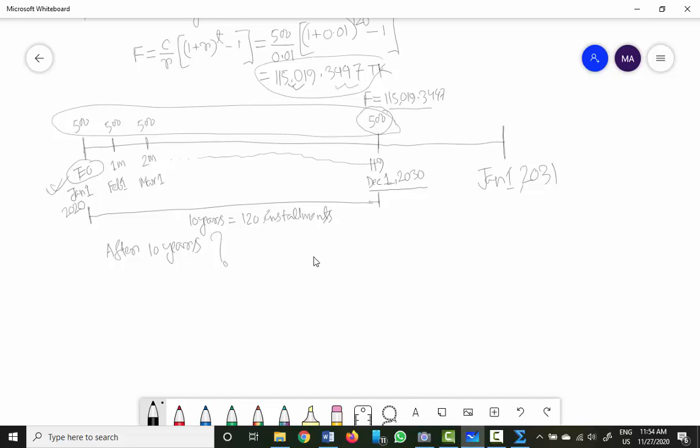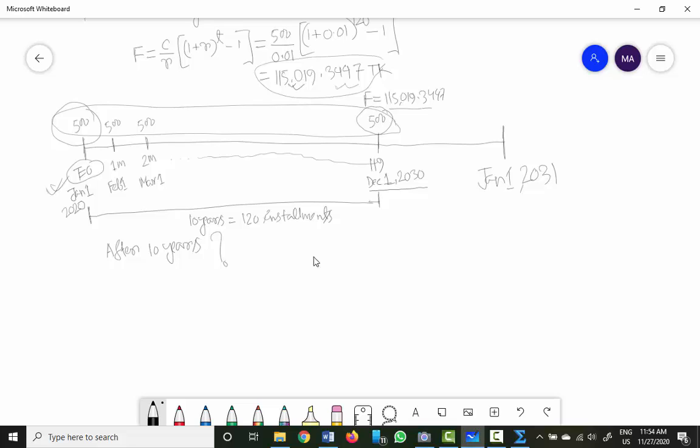So in an annuity due problem, since you have made your first payment today, if you want to find out how much you should get after 10 years, you need to go 1 month forward.